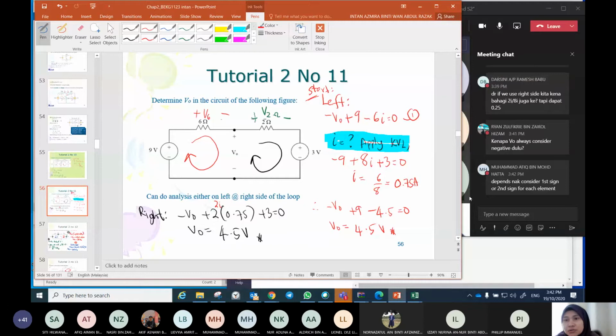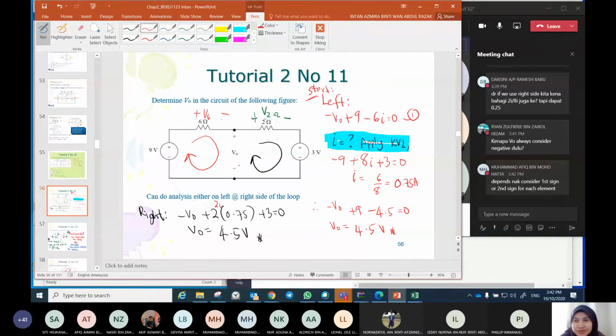Always consider negative first. No, up to you. You may start with positive, or with the first sign or the negative sign. I always like to start with minus V naught because at the end it is simpler to solve the equation.